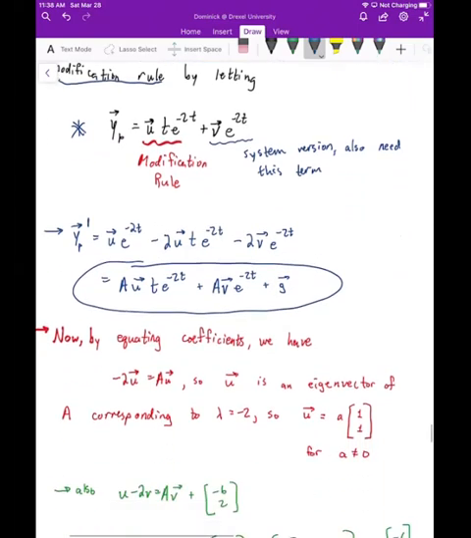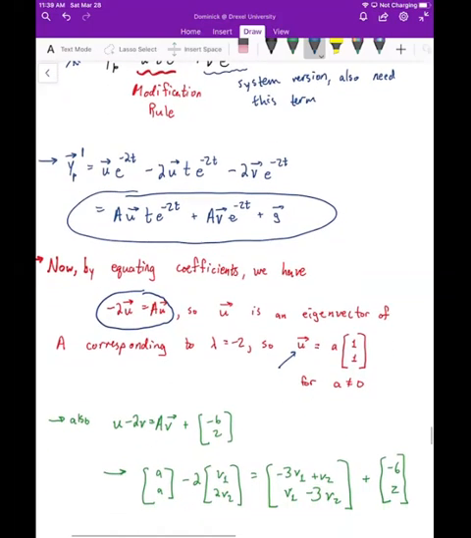So now we can equate our coefficients, and this is going to allow us to say that -2u is equal to Au, which tells us that u is an eigenvector of A that corresponds to -2. And we found that earlier, we found that eigenvector was (1, 1), but we can, of course, multiply that by any constant. So we're going to assume that constant is a.